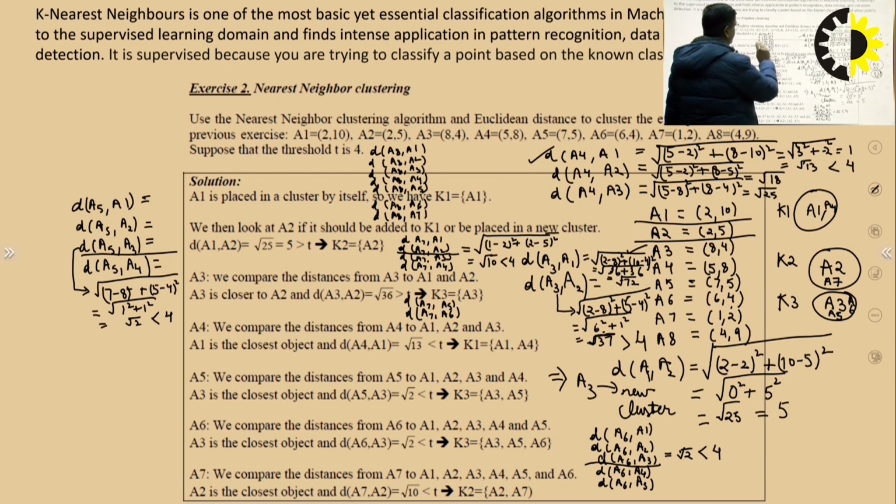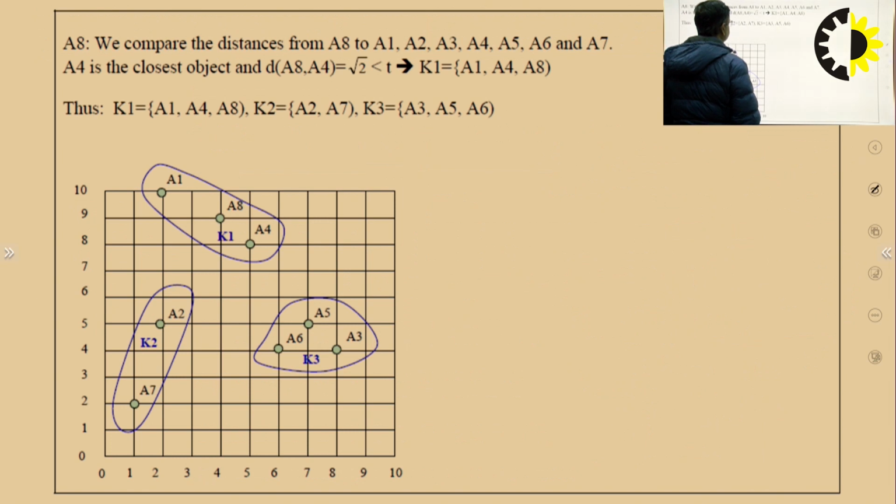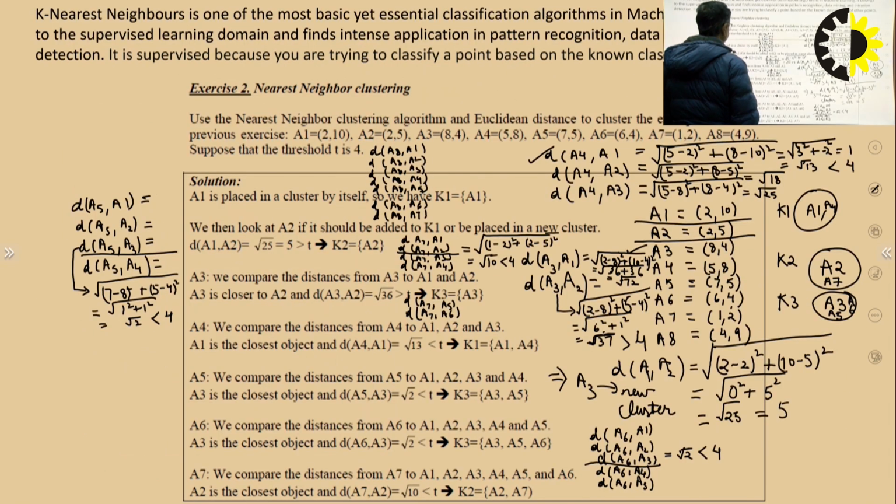When we calculate all these Euclidean distances, we will find that point A8 is closest to point A4.